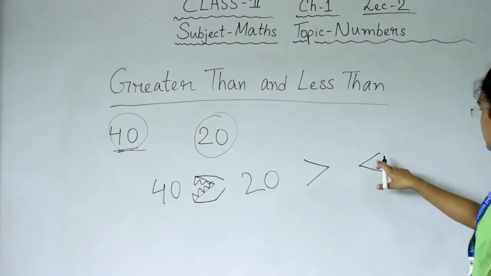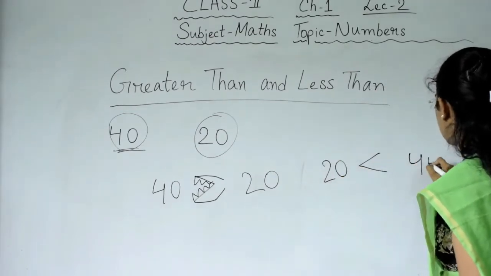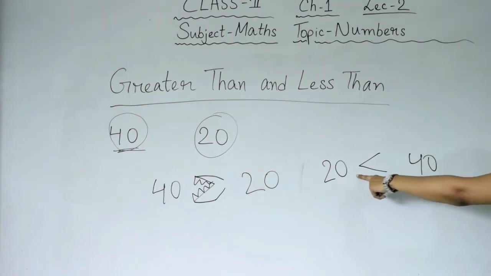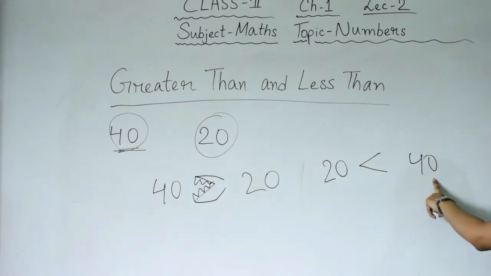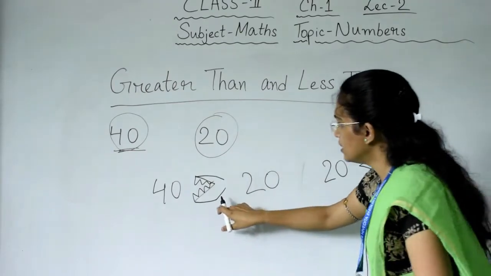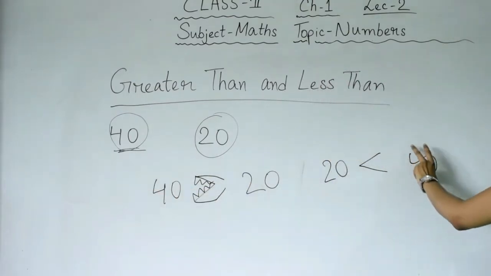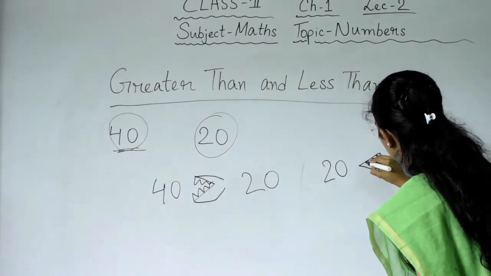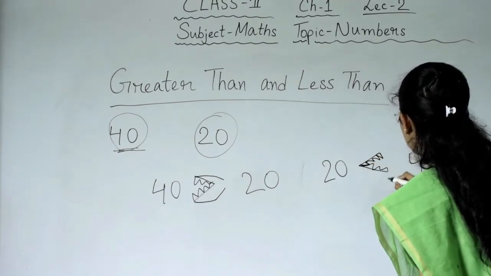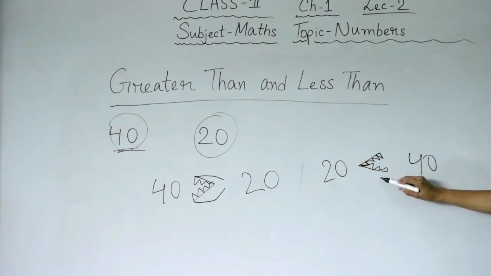Look, if I write it this way, 20, 40, this time the crocodile is going towards this side. Why? Because the bigger number is on this side. In the first case the bigger number is in the first place, but in the second case the bigger number is in the second place. So the crocodile wants to eat the bigger number, so he is going towards the bigger number with his mouth open.